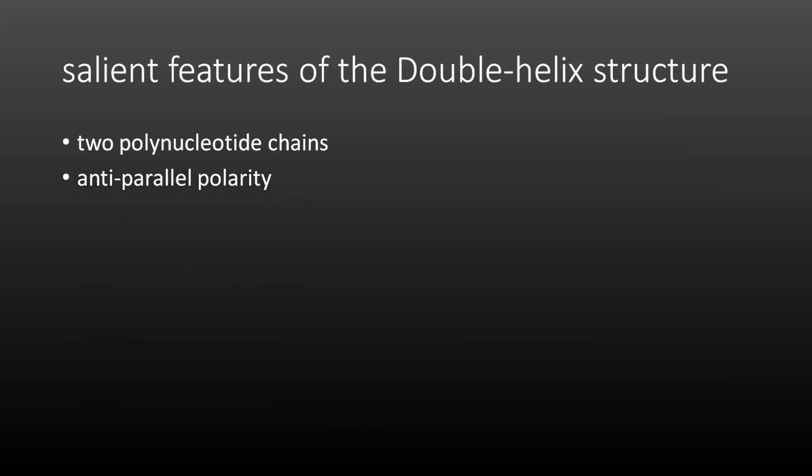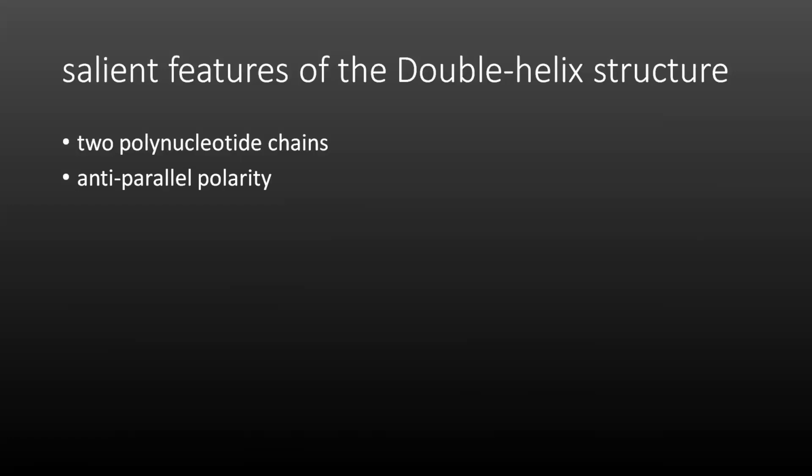Anti-parallel polarity. What do you mean by polarity? We had done it yesterday, we had given pole names. What are the pole names? Numbers we had given, 5 dash and 3 dash. They have anti-parallel polarity.